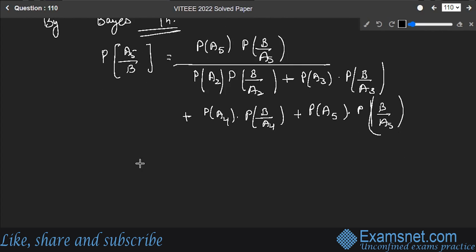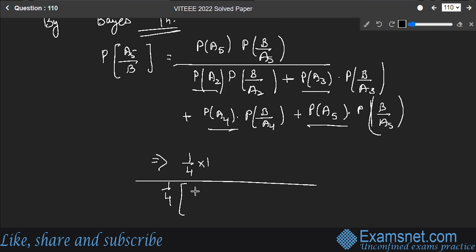Okay, now let's fill in the values. Here you have 1 by 4 into 1, whole divided by 1 by 4. I'm taking 1 by 4 outside because it's common for all of these. So inside I'll have 1 by 10 plus 3 by 10 plus 3 by 5 plus 1.